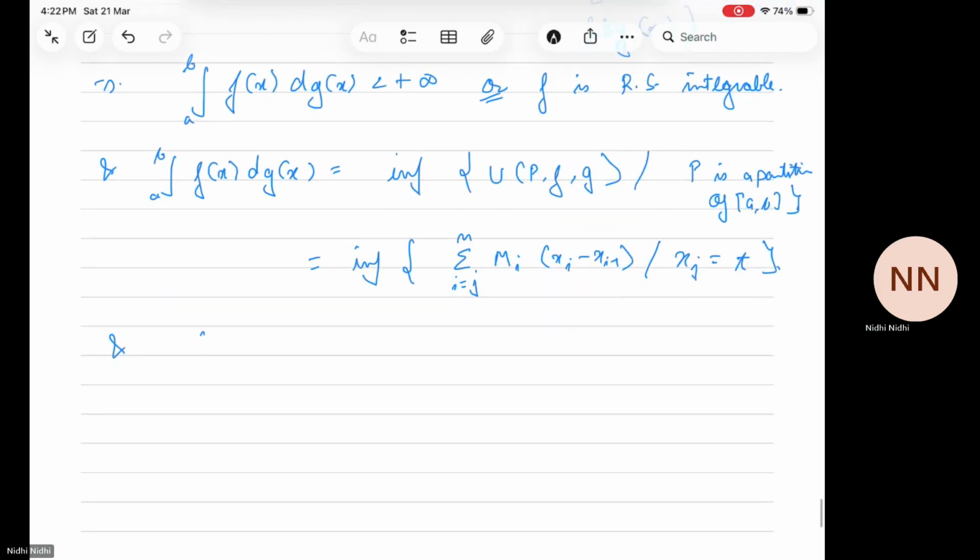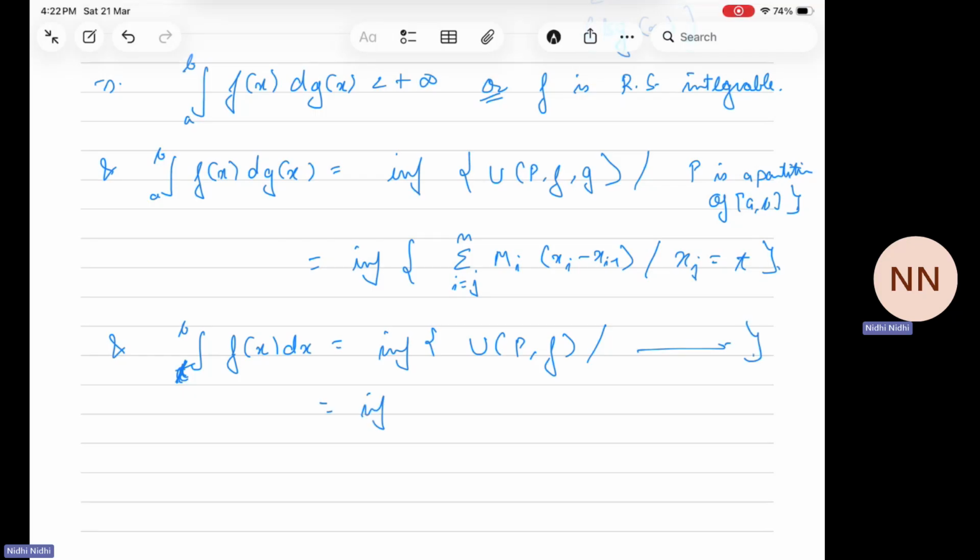And what is the integral from a to b? Sorry, this will be t. The integral from t to b of f(x) dx will again be the infimum of, yes, we know that this infimum exists because we know that this integral is finite, where P is some partition, which is equal to the infimum of the summation i from j to n of M_i times (x_i minus x_{i-1}), where x_i is some partition whose first element is t.